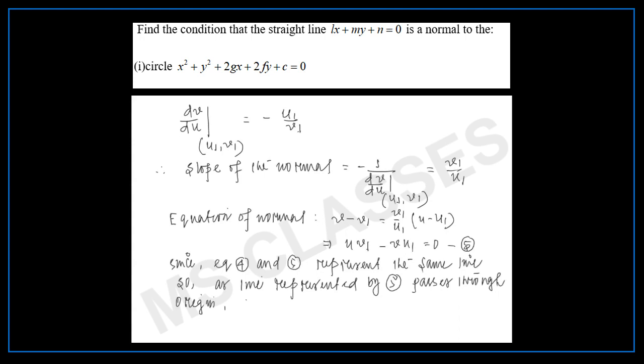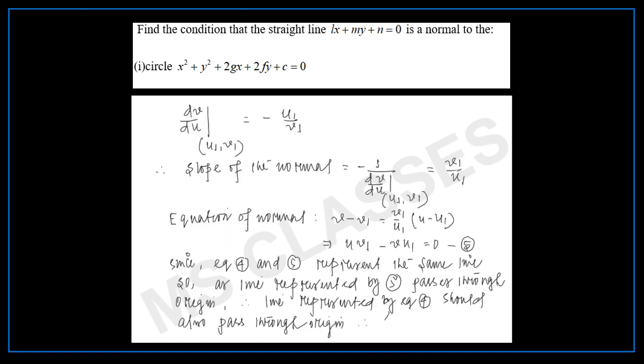therefore the line represented by equation 4 should also pass through the origin, which we have got after shifting.